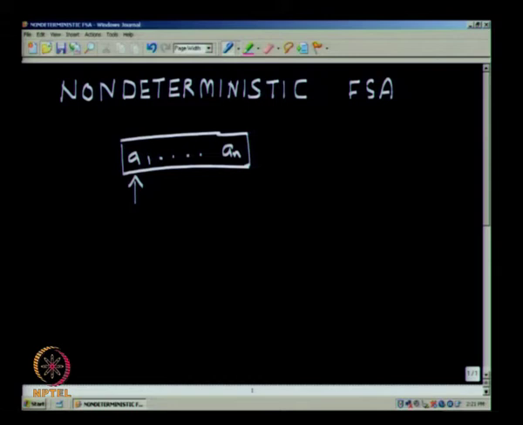At any instant, if you have a symbol A being read in state say Q, depending on Q and A the next move is uniquely determined. So, the delta mapping, which is the transition function, is from K into sigma into K.